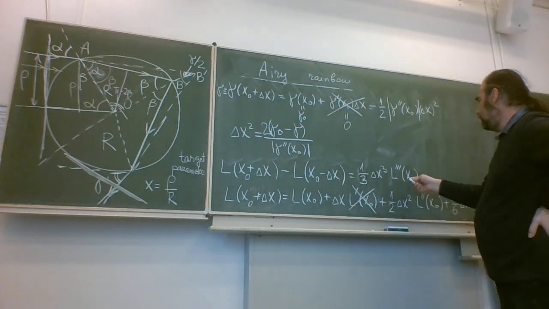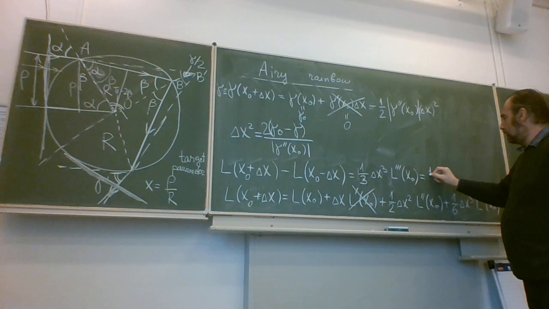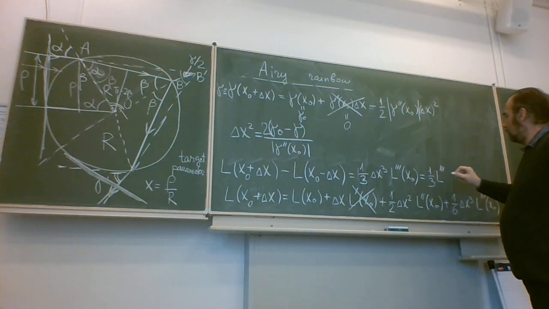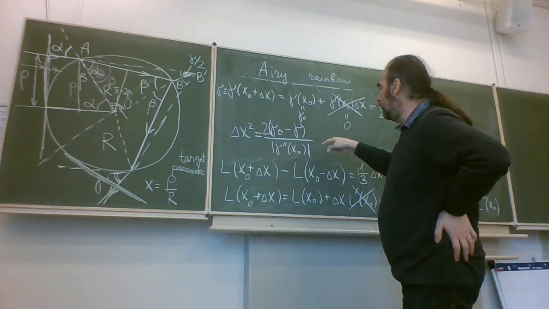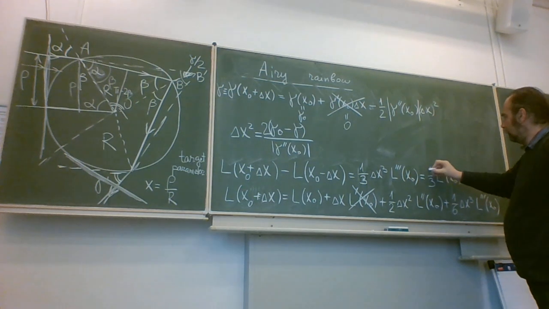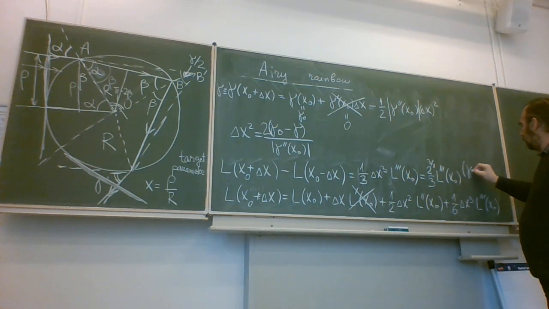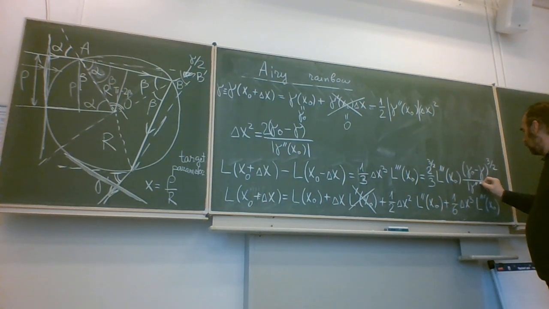And now I can take this difference of optical paths, optical lengths, as 1/3 L third derivative of x naught. And then I have this thing power 3, which is this thing power 3/2. So I have 2 power 3/2, I have gamma naught minus gamma power 3/2, and I have this gamma double prime of x naught power 3/2.